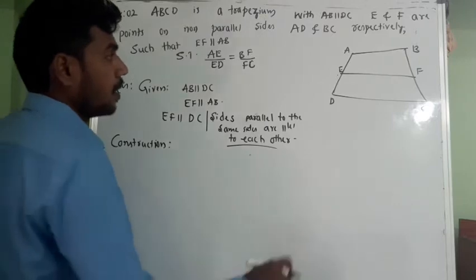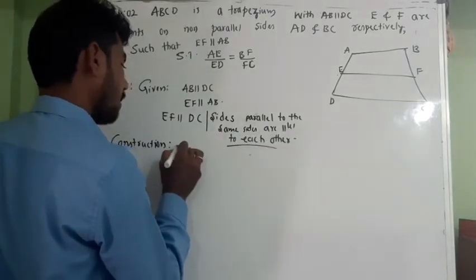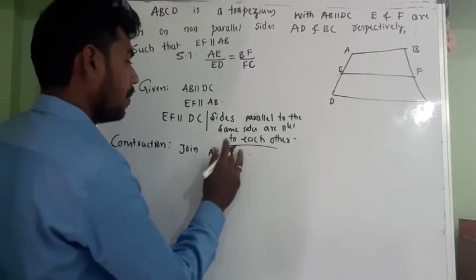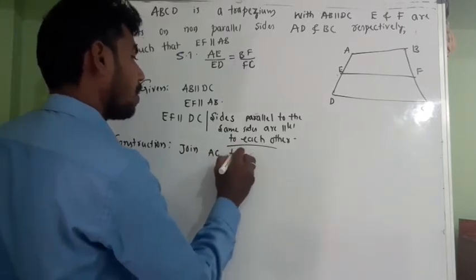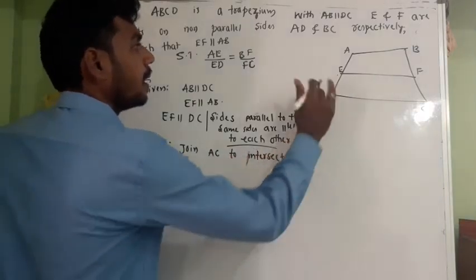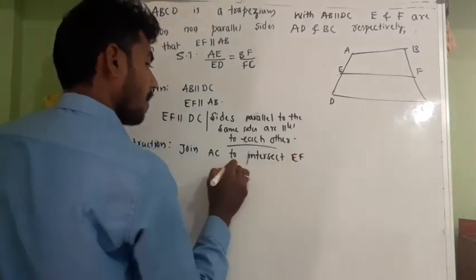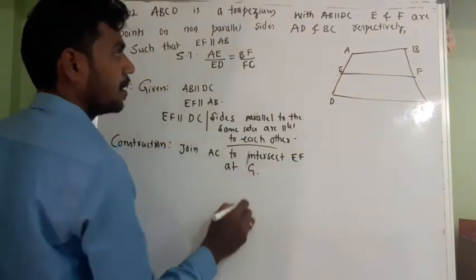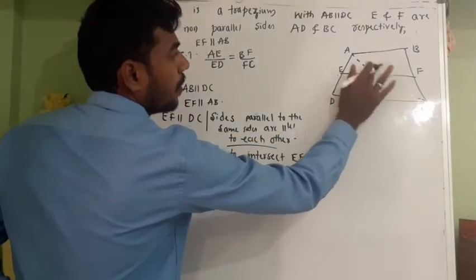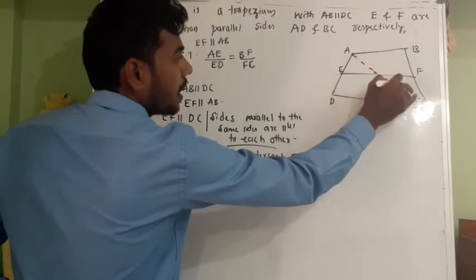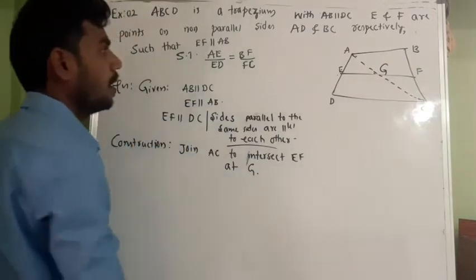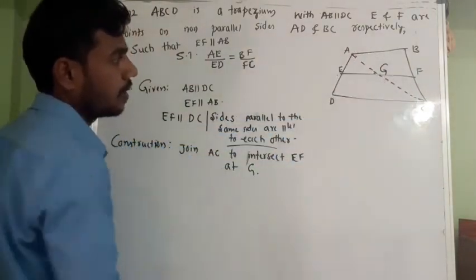The construction: join AC so as to intersect EF at G. I already told you, whenever we do the construction part, it needs to be indicated by a dotted line. We will come to know which is the construction part that we did. So join AC so as to intersect EF at G.